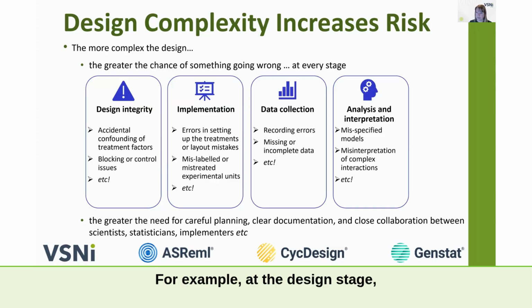For example, at the design stage, there's more risk of things like accidental confounding. During implementation, setup errors might be more likely. At data collection, missing values may be more common. And during analysis, complex designs can make it harder to correctly specify the right model.